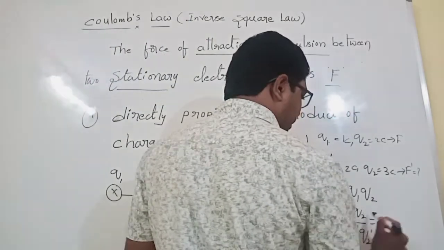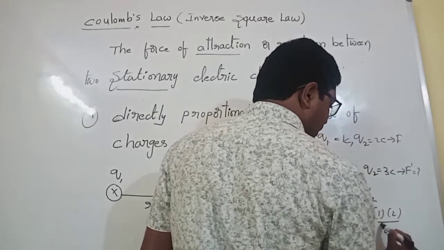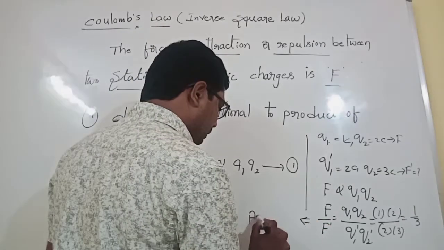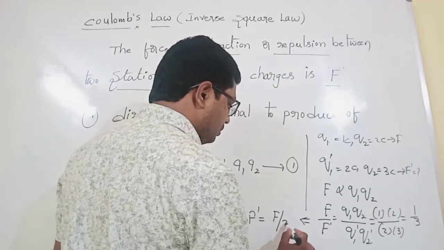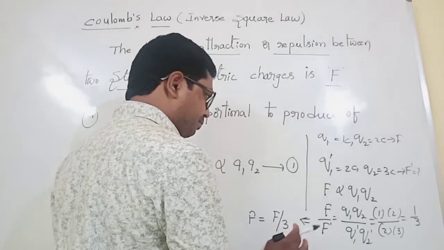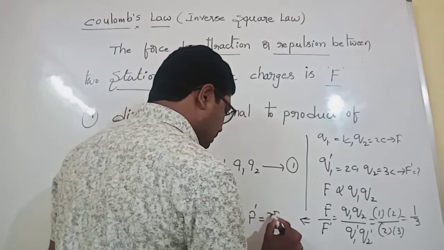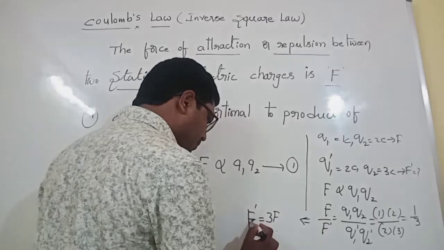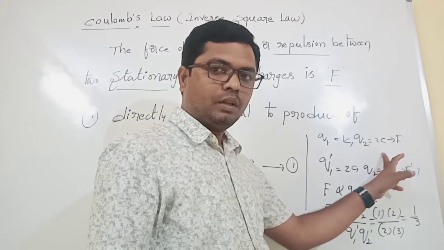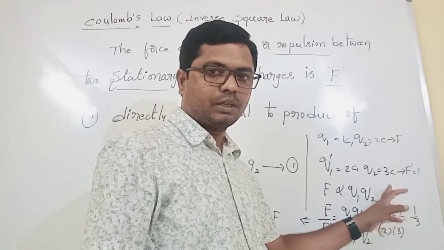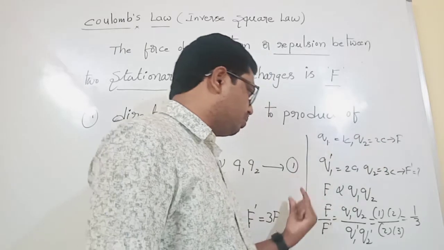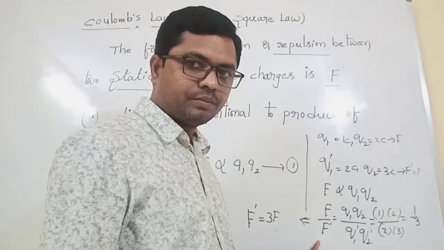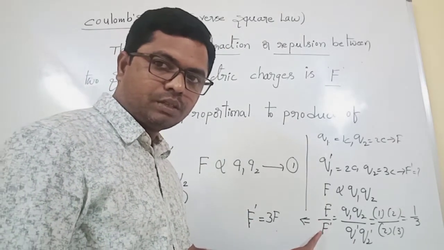Q1 is 1 and Q2 is 2, divided by 2 into 3, which is equal to 2 by 6, that is 1 by 3. So F by F dash is equal to 1 by 3, and by cross multiplication F dash is equal to 3 into F. This is the new force, because initially the product of Q1 Q2 is 2 coulomb square and afterwards it is 6 coulomb square.